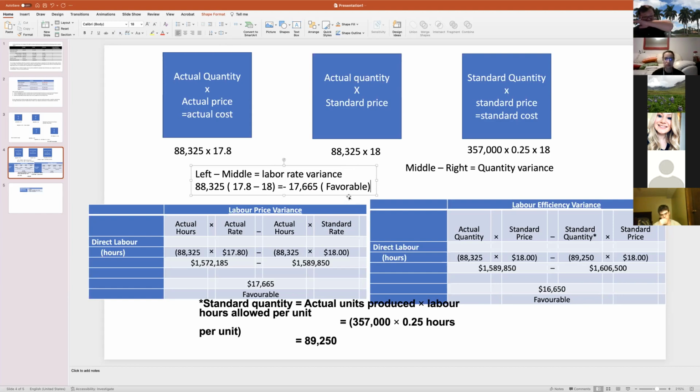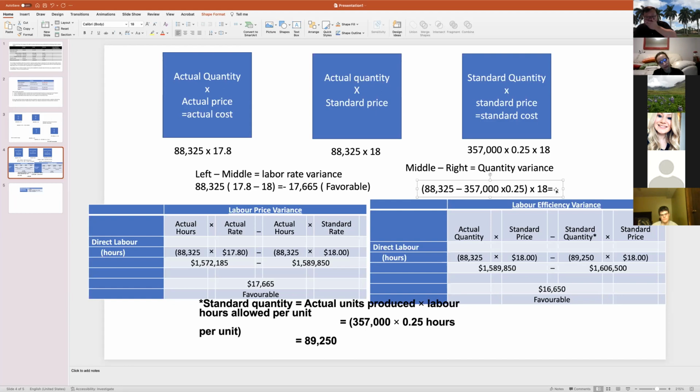And now in the middle and to the right. So here, I have 88,325 minus 357,000 times 0.25 times 18.